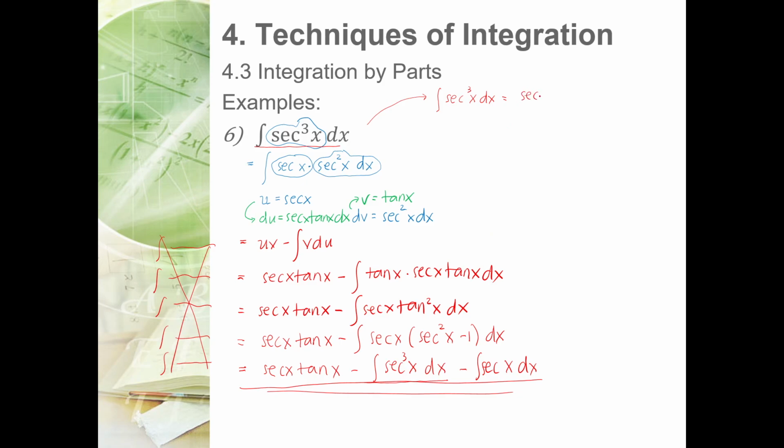So secant x tangent x minus integral of secant cube x dx. Then the integral of this one is negative ln of secant x plus tangent x, plus c.